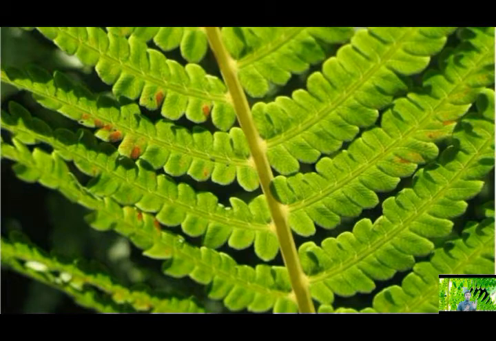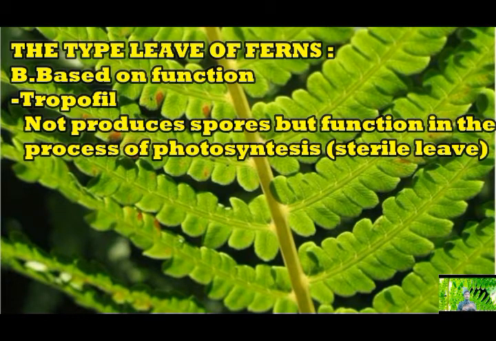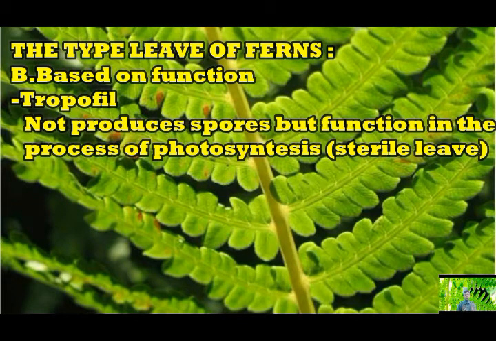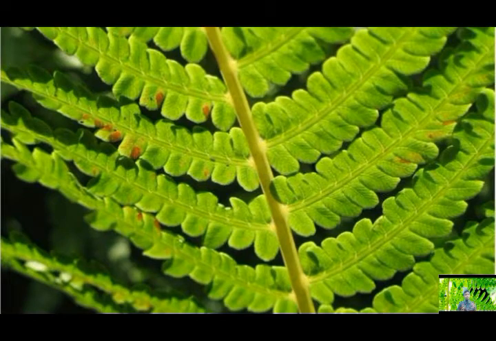Okay. Two, based on its function, it is divided into two. One, trophophyll. What's the meaning of trophophyll? Namely leaves that do not produce spores but only function in the process of photosynthesis, and are also called sterile leaves. Two, sporophyll.